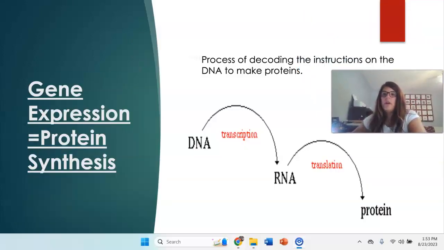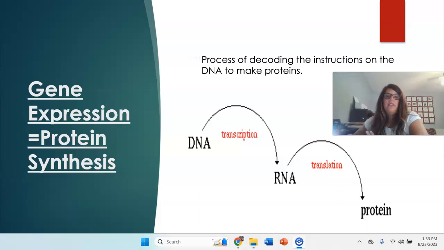So here's how this process works. There are 2 basic processes involved in decoding the instructions on the DNA in order to make a protein. The first step is called transcription, and this is going to be the process of DNA becoming a messenger RNA, or a messenger RNA being made from the DNA.